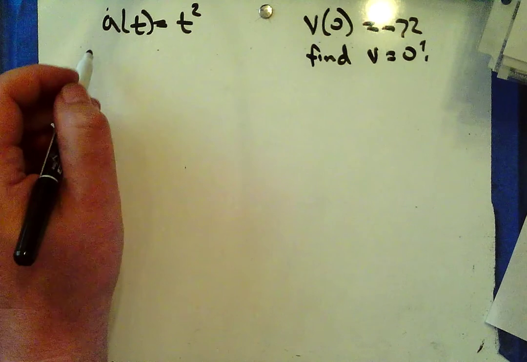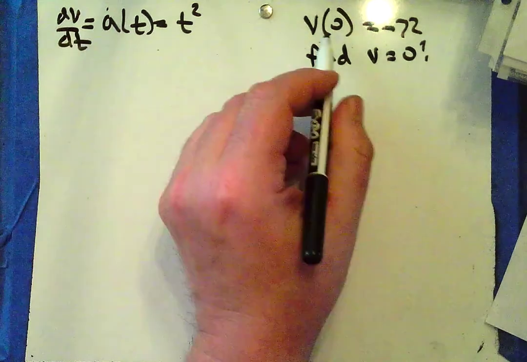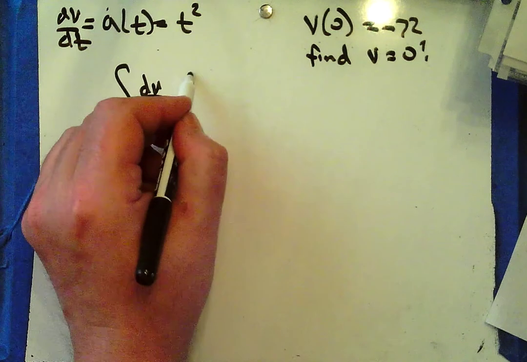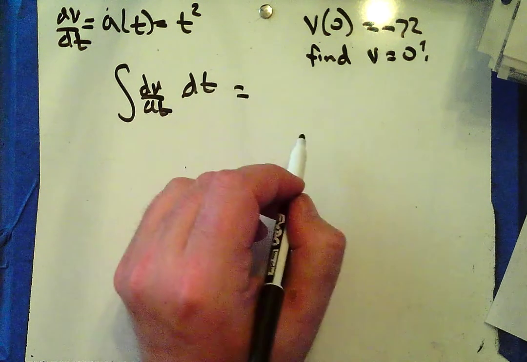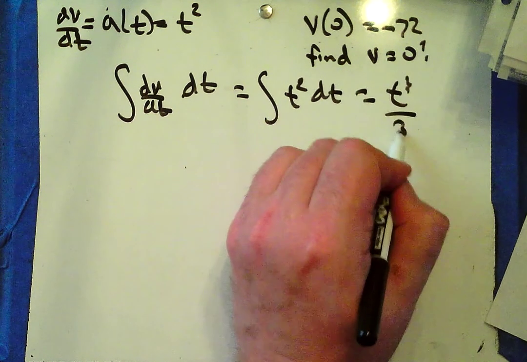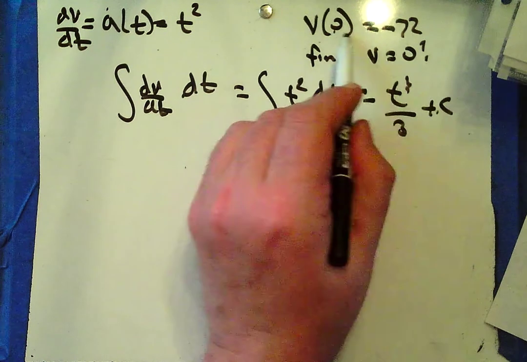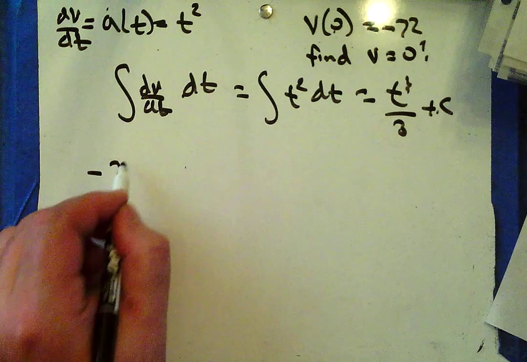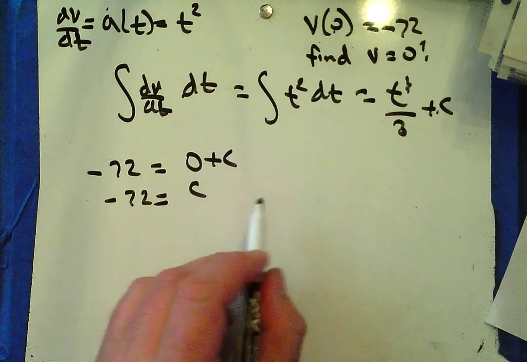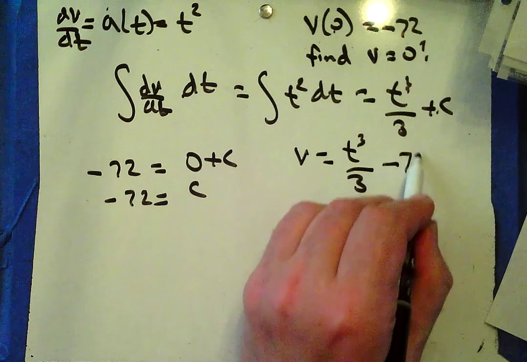Okay, so I know that a of t is also dv/dt, and I want v, so I integrate dv/dt with respect to t, and I get the integral of t squared dt is t to the third over 3 plus c. Okay, and then if I plug in a 0, I get negative 72. So negative 72 equals 0 plus c, c equals negative 72. So now I've got that v equals t to the third over 3 minus 72.